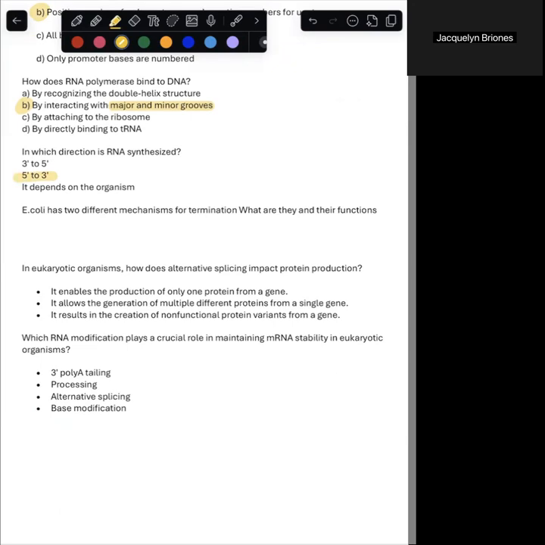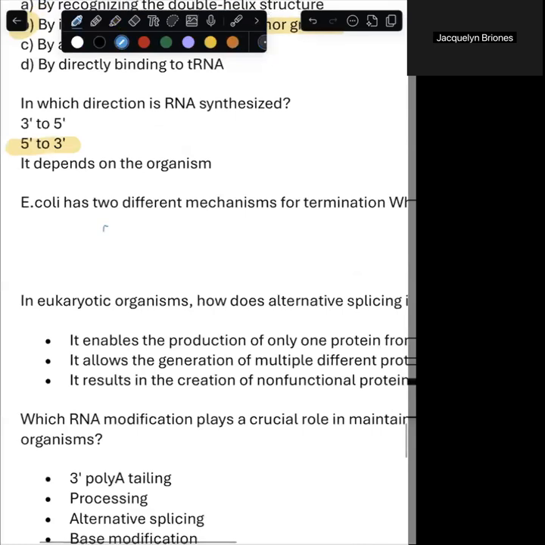E. coli has two mechanisms for termination. What are they and their functions? So our two mechanisms are rho independent and rho dependent. Rho independent does not require a protein but uses stem loop structures.